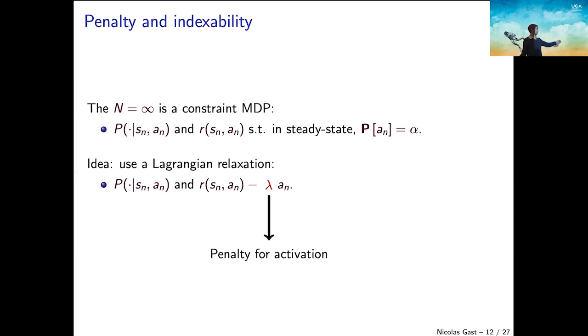This is just that I have the sum of a_n equal alpha, and I just add lambda times the sum of a_n minus alpha.